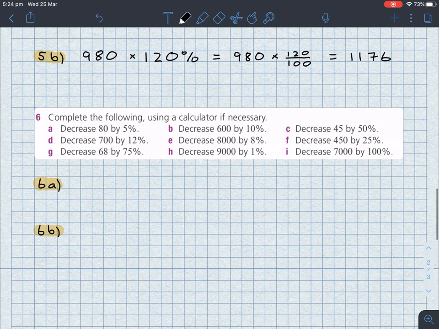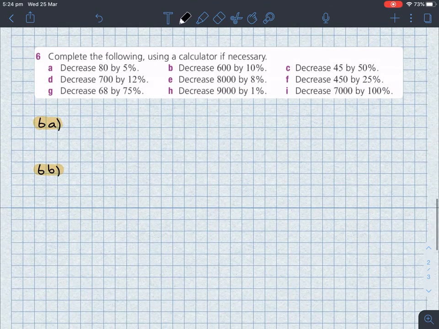Question 6 is decrease. So I'm going to show you part A and B. Part A says decrease 80 by 5%. So 80 is the number we start with, and we're going to multiply by, we're decreasing by 5%, so 100 take away 5 leaves us with 95%.